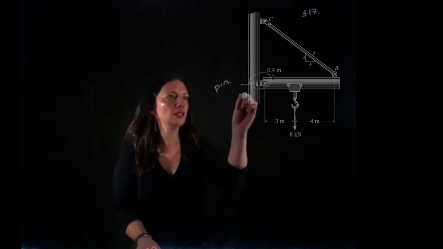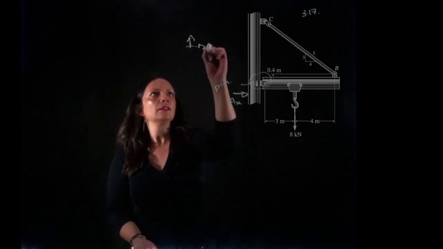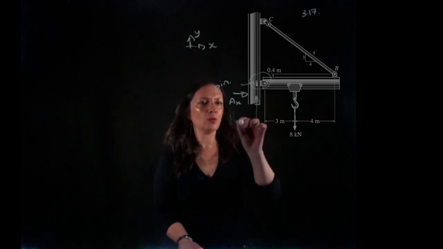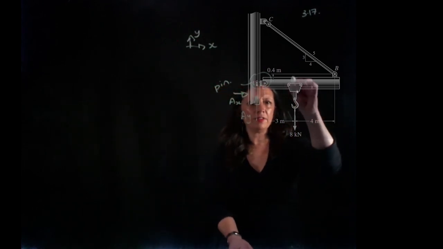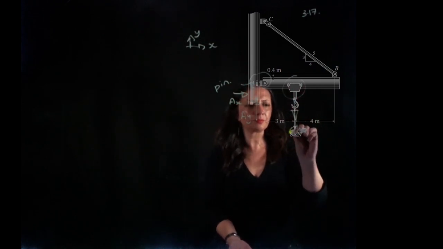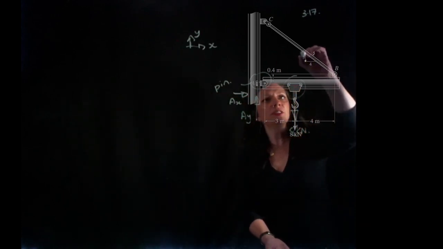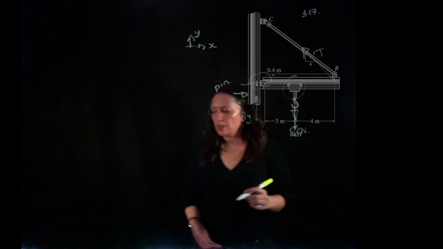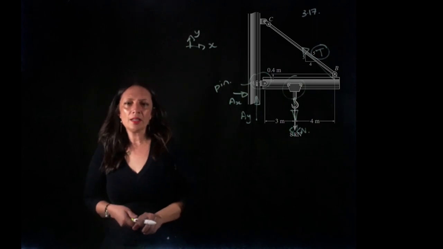We're going to have an X component, just draw an axis, an X and Y. We're going to have an X component and a Y component, the reaction force at pin A. We have our force from the jib of 8 kilonewtons, and the last force we have is actually tension in the cable. So we need to calculate T.